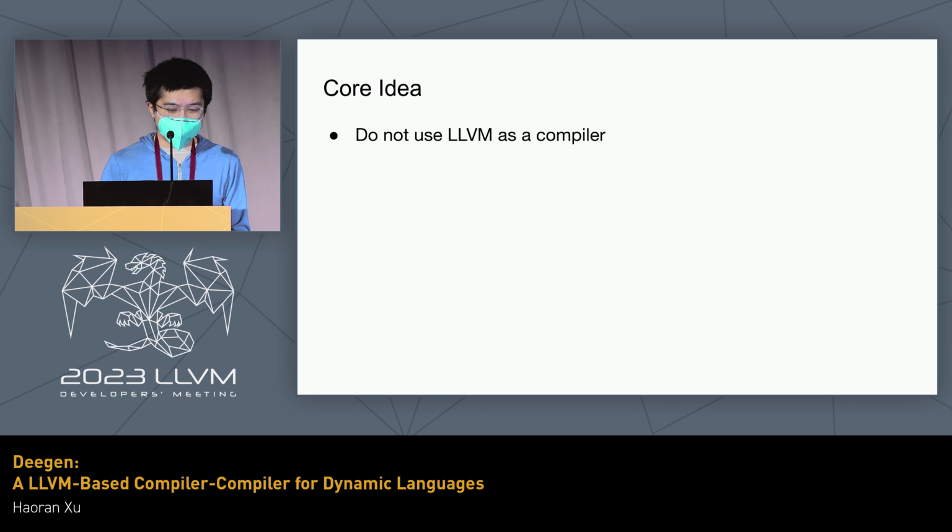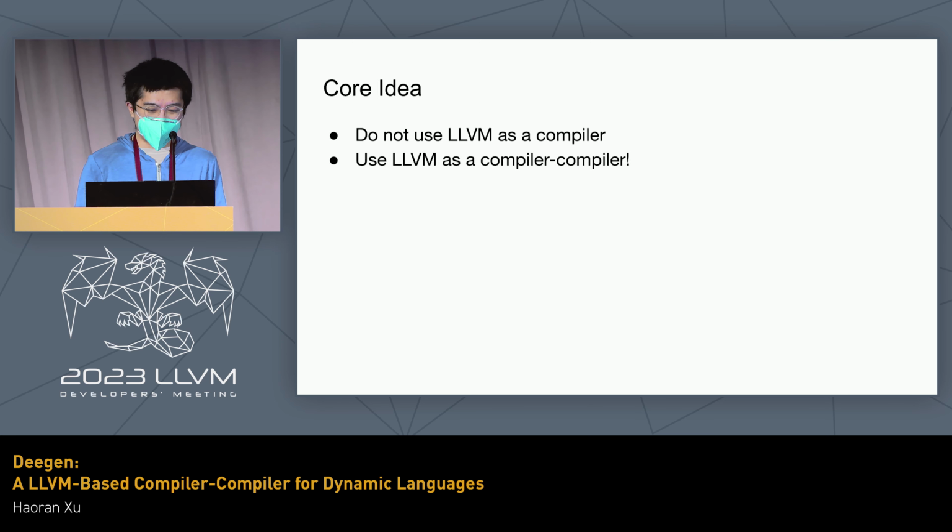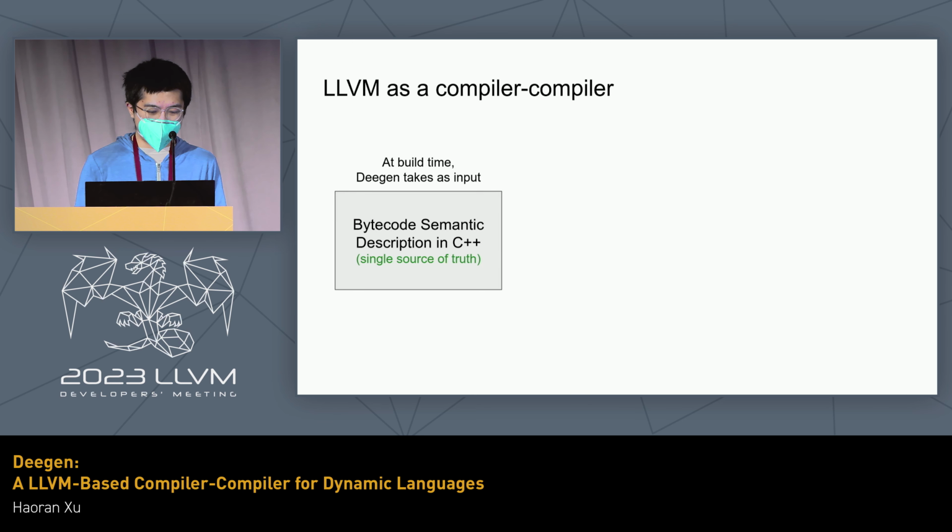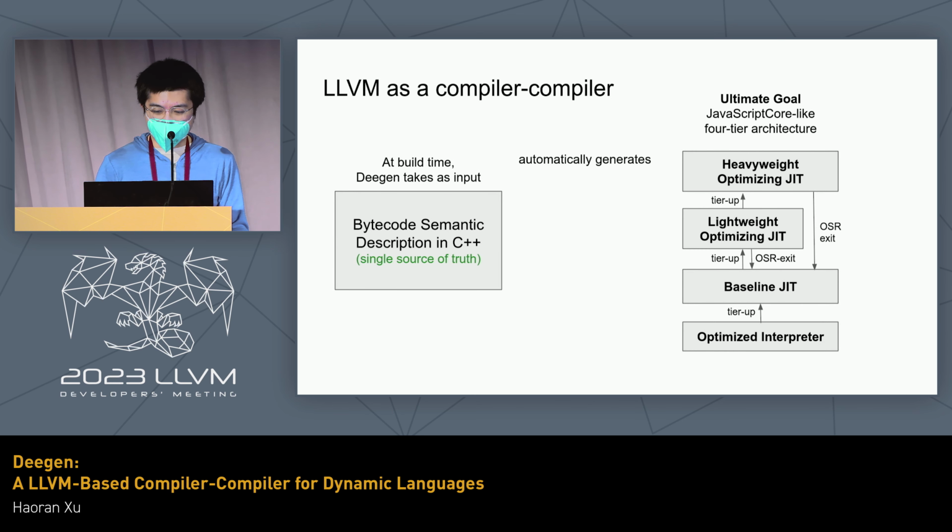The core idea is that we are not using LLVM as a compiler; instead, we use LLVM as a compiler generator. We take the semantics of the language, implemented in C++, as a single source of truth, and we automatically generate the JIT.